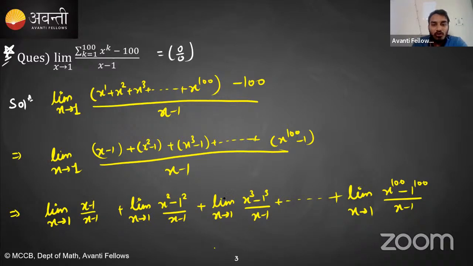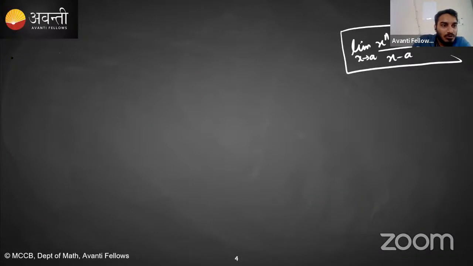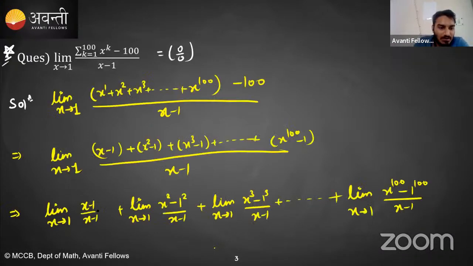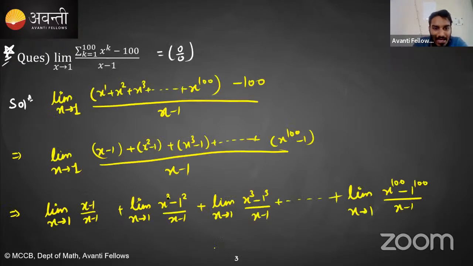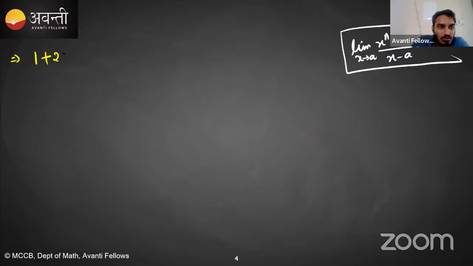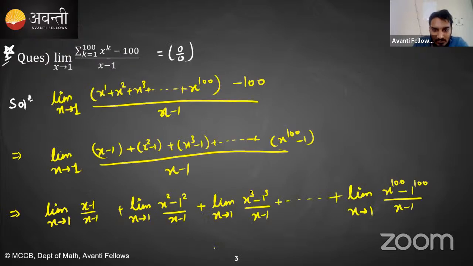So in each of these limits, we can plug in this formula. For the first one, it is 1 plus... what is n? n is 2. So 2 into 1 raised to the power 2 minus 1, plus, for the third, (x cubed minus 1 cubed) upon (x minus 1).